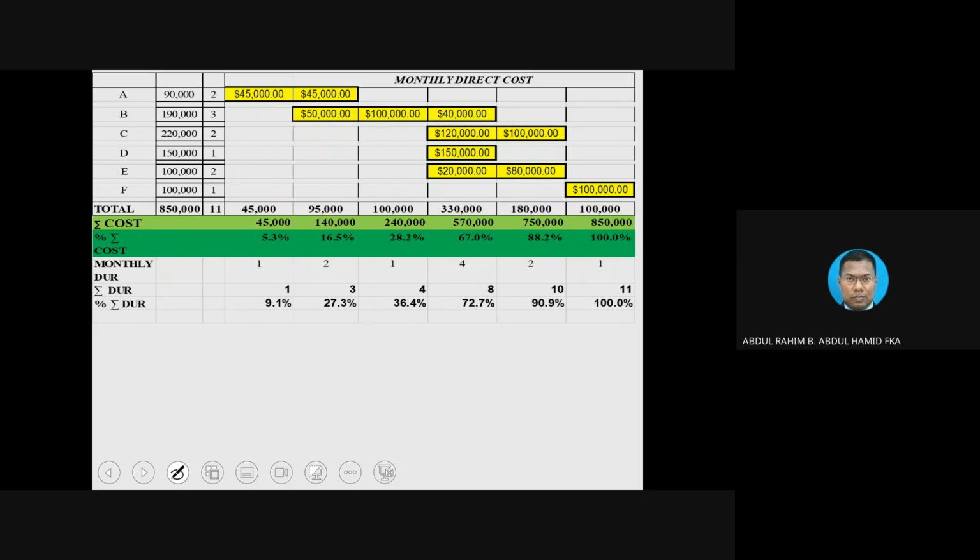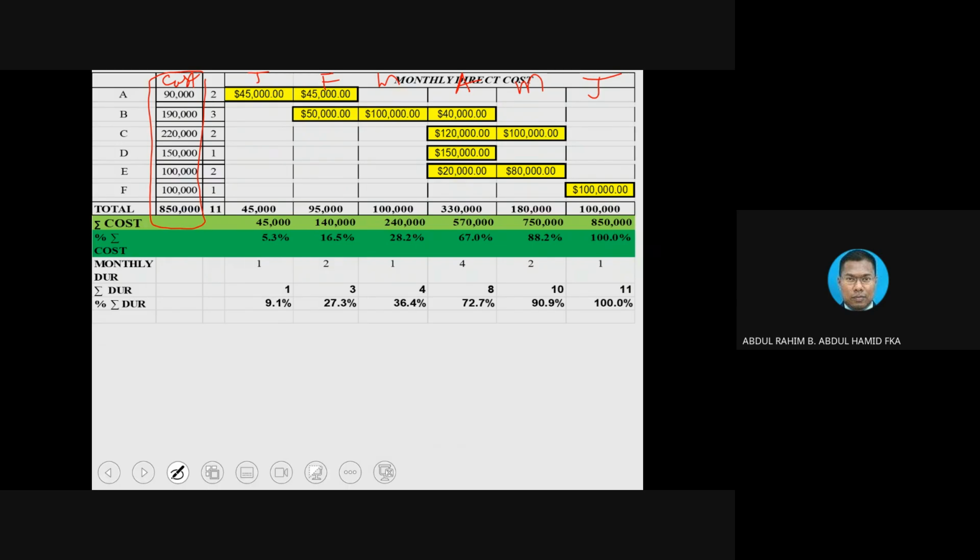Okay, let's focus on this column here. We call it the cost column. Just focus on this column only. Based on this column, we call it cost. And this is January, February, March, April, May, and June. The project is running for 6 months only.